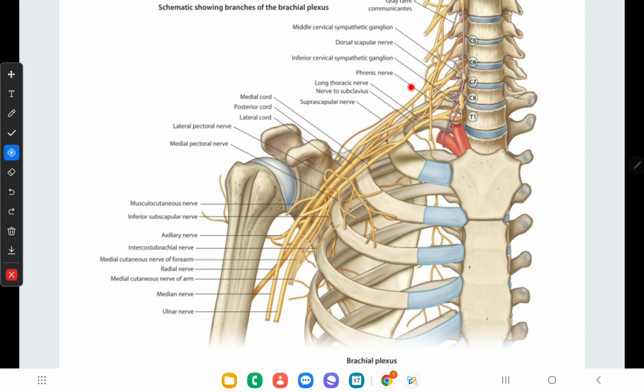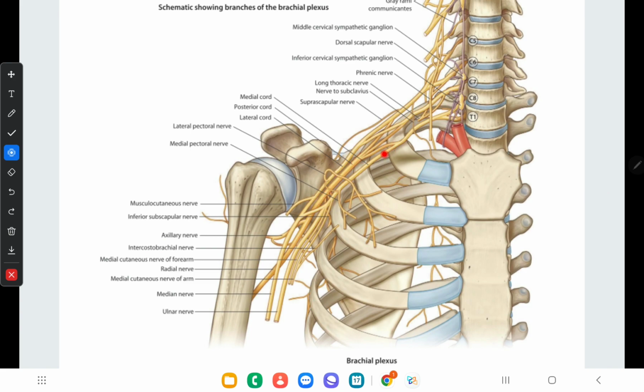Then anterior and posterior divisions arise from each of the upper, middle and lower trunks. You can see the divisions here, and all the posterior divisions unite together to form the posterior cord of the brachial plexus.